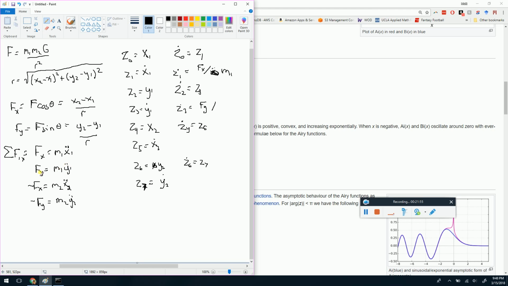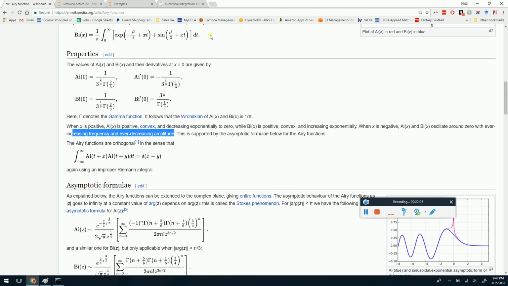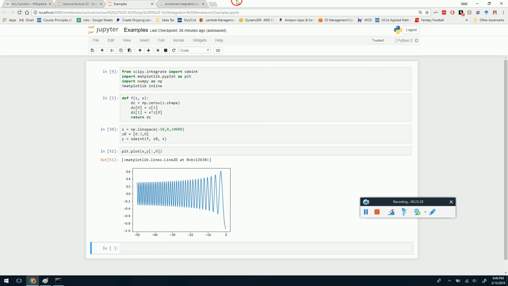Y1 double dot is equal to Fy over m1. Z5 dot is just negative Fx over m2, and finally, our z7 dot is equal to negative Fy over m2. All right, so kind of sloppy. Kind of new with this pad.